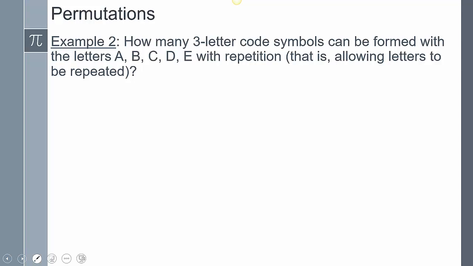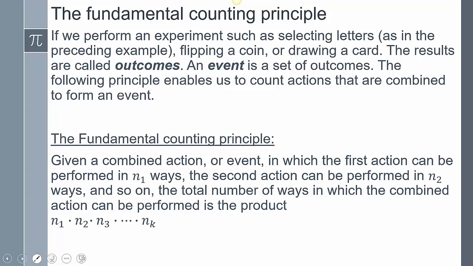Looking at this example, how many three-letter code symbols can be formed with the letters A, B, C, D, and E with repetition, that is, allowing letters to be repeated? Using this previous definition, we have to think about that first choice, how many possibilities, times my second choice, how many possibilities, times my third choice, how many possibilities.